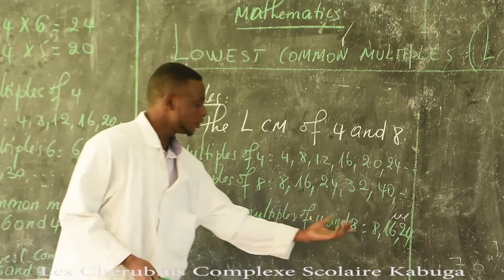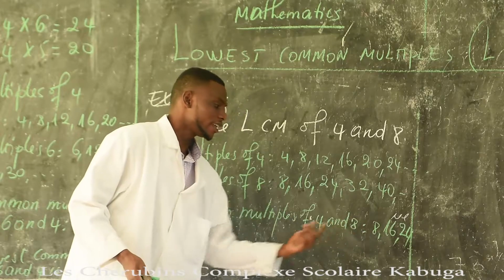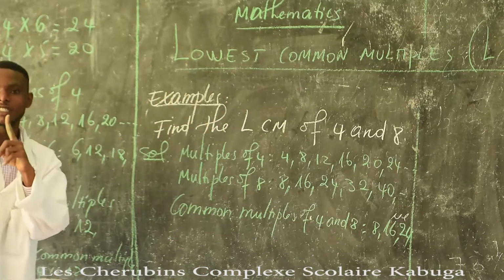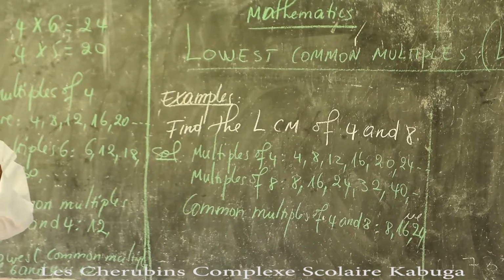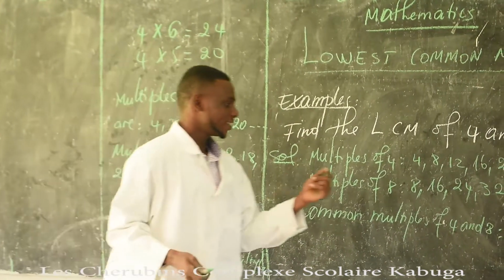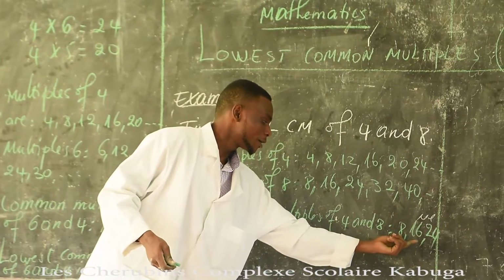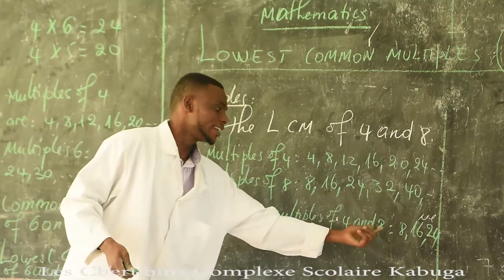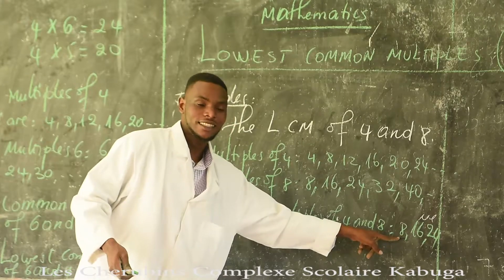Among these common multiples of 4 and 8, which one is the smallest? Good. The smallest common multiple of 4 and 8 is 8.